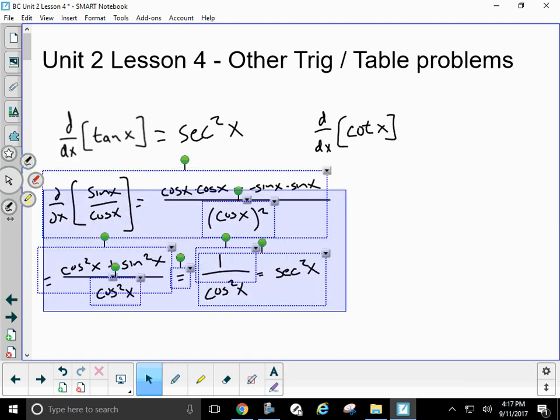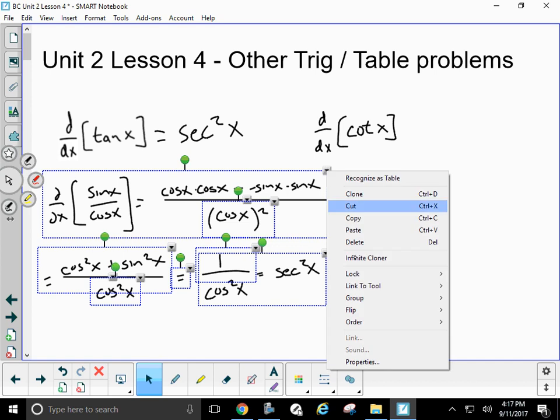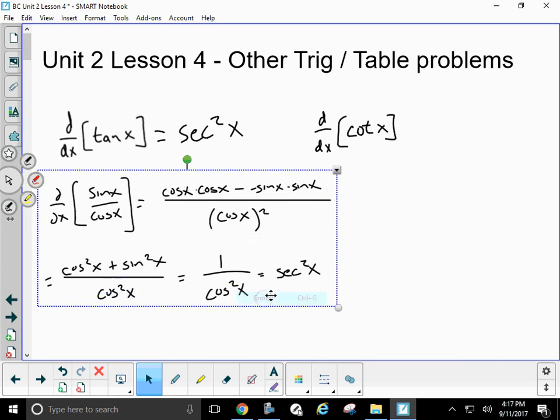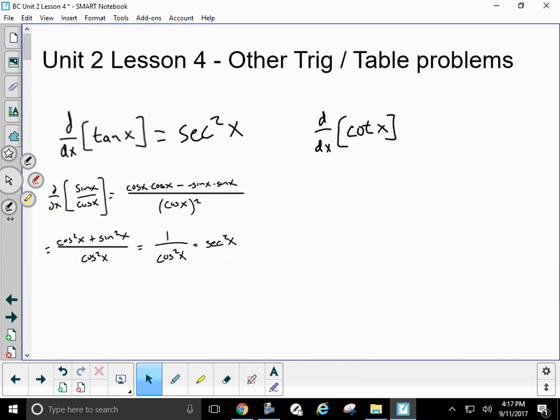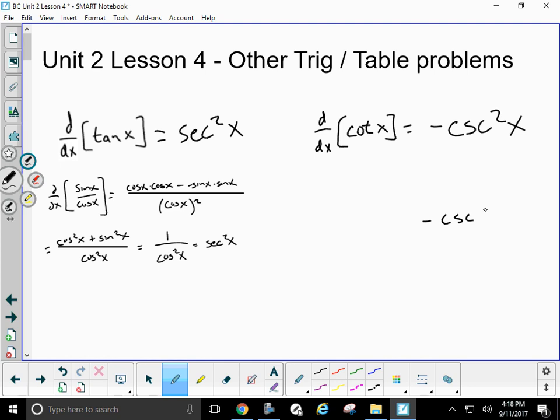Now we could go through that entire process as well with cotangent, but you could just take my word for it that you would get negative cosecant squared x. Okay, so when plugging in, understand that when we're squaring a trig function, I would do the cosecant of the value first, square it second, and then apply the negative sign.